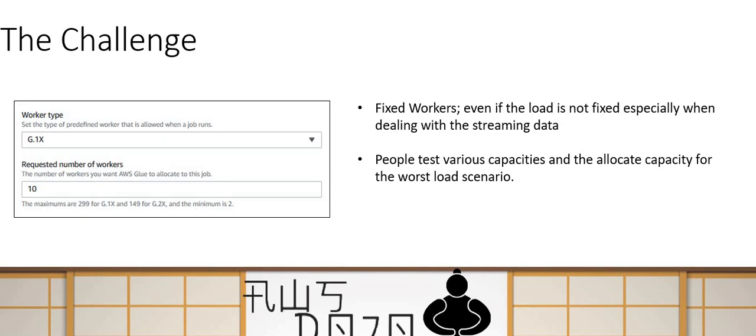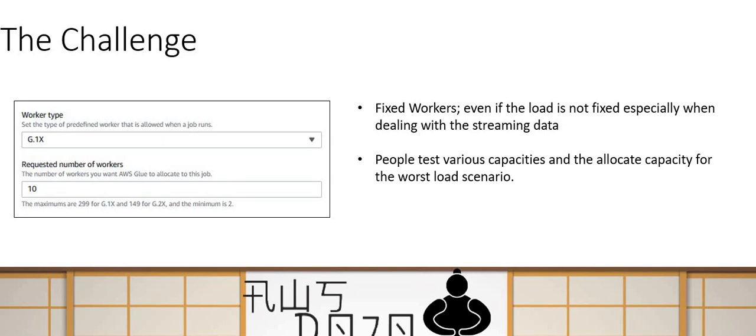So what people generally do is test their Glue job for various capacities to see which capacity fits their performance and cost parameters, and based on that they allocate capacity, and generally that is for the worst load scenario, because you don't want to be in a situation where your Glue job is under-provisioned and not able to finish the job.